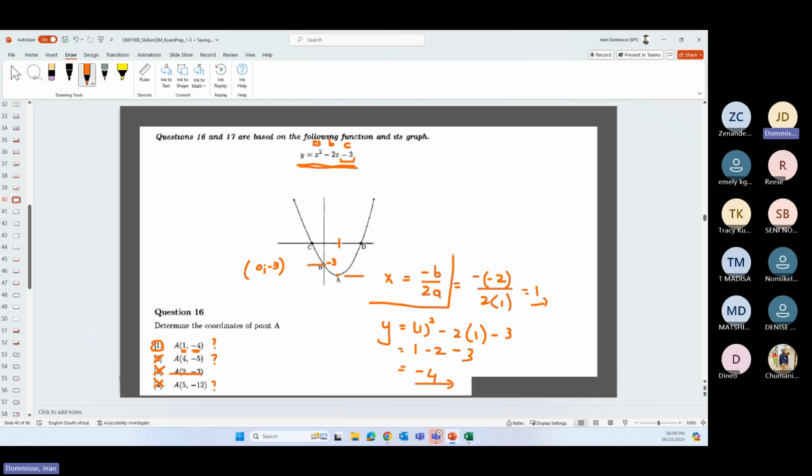So this formula is the formula for the x value of the turning point. Let me quickly check the page number in the study guide, because it's always nice to have that information.